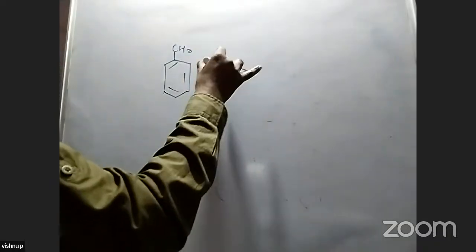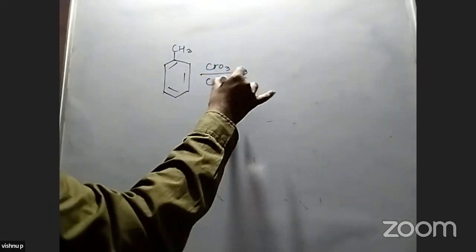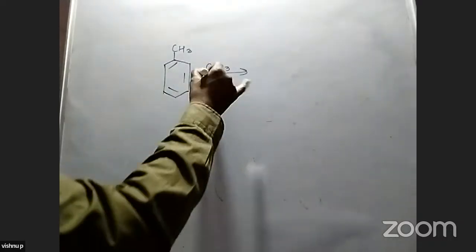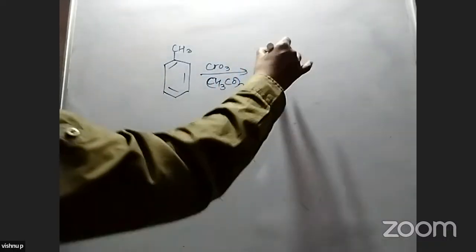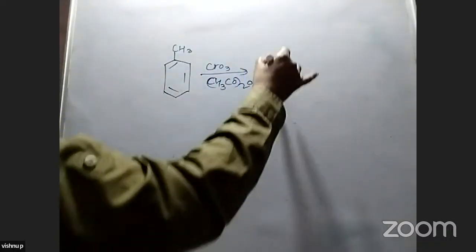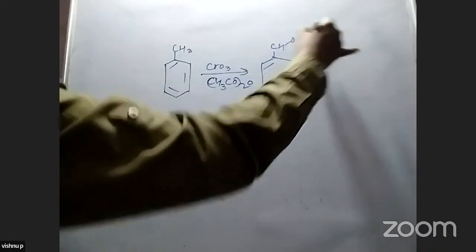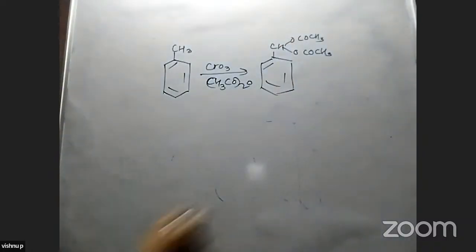It reacts with chromium oxide in the presence of what type of compound? CH3CO, O, CO, CH3. What type of compound is it? Anhydride. We take as an example the anhydride (CH3CO) taken twice, O. So the compound formed in this reaction is CH(OCOCH3)2. We get this unstable compound.